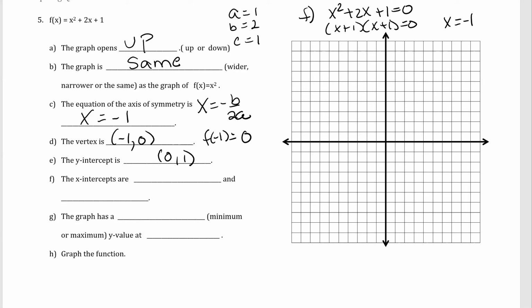So you might have already figured out that the x-intercept is going to be at -1, 0, because the x-intercept is also the vertex. And because the graph opens up, we're going to have a minimum. The minimum value of our vertex is at 0.